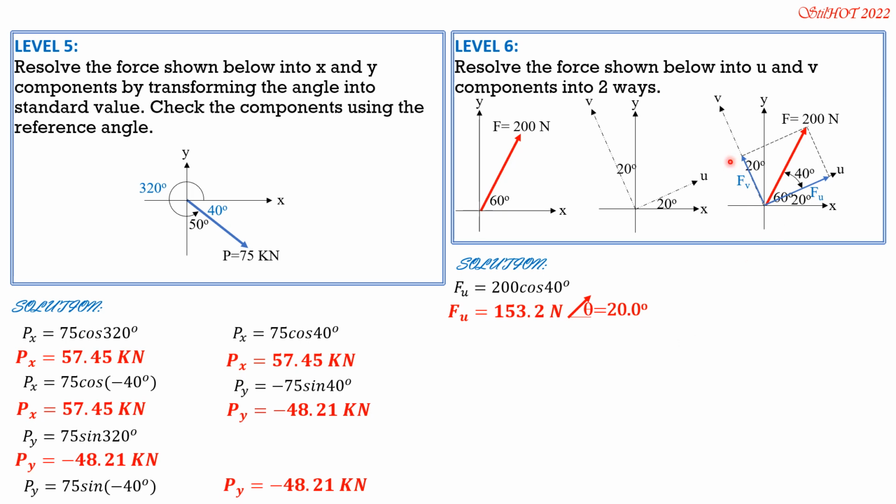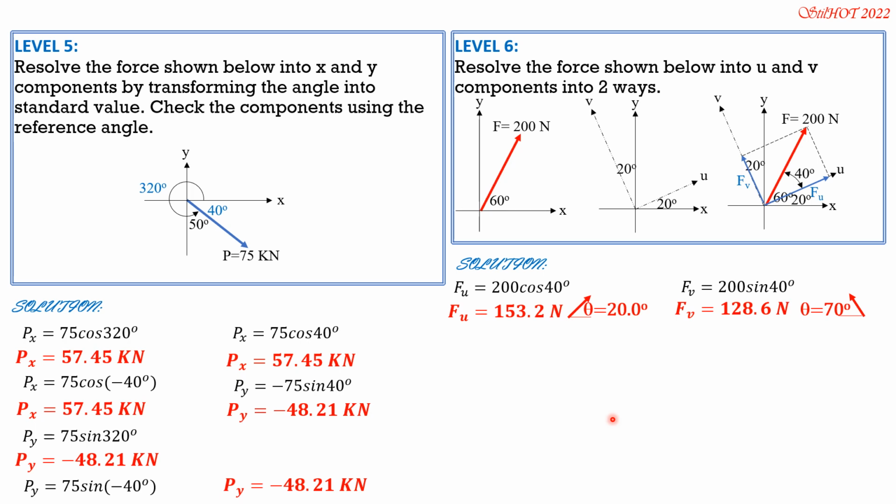Then Fv is 200 sine of 40. So Fv is 128.6 newtons directed, because this is 20 degrees, this is 70 degrees, up to the left, 70 degrees.